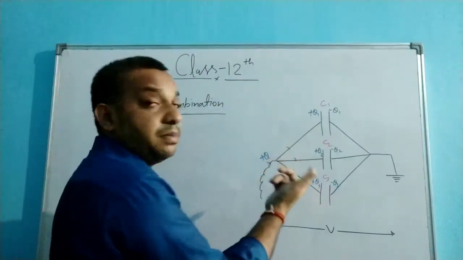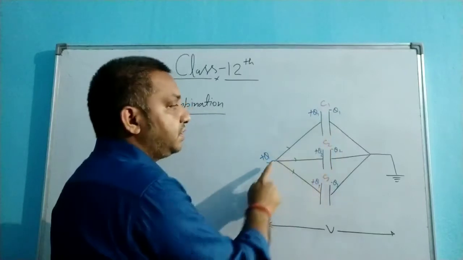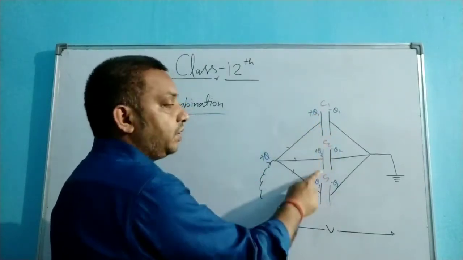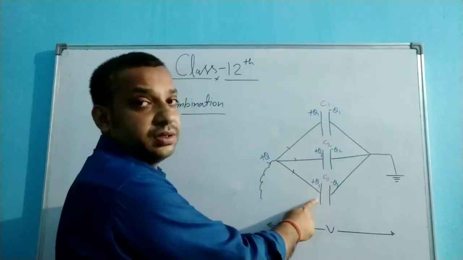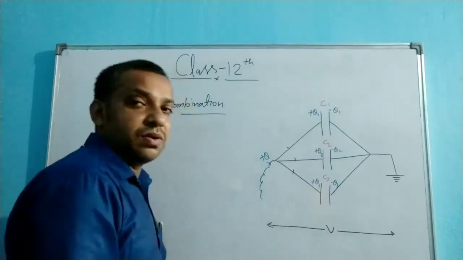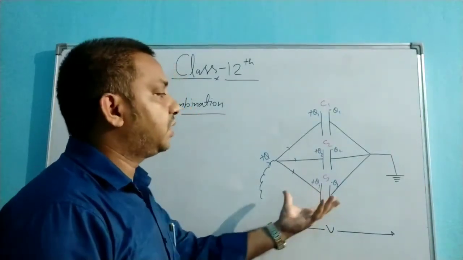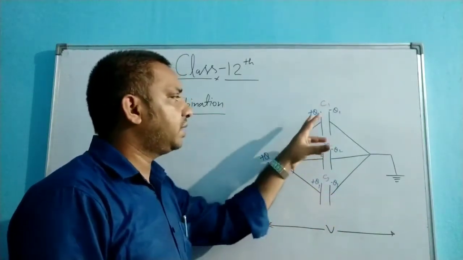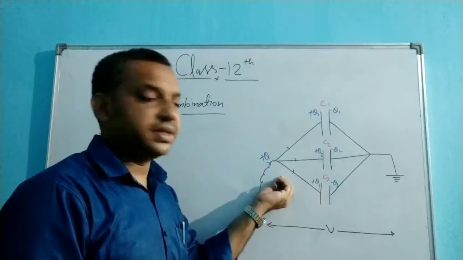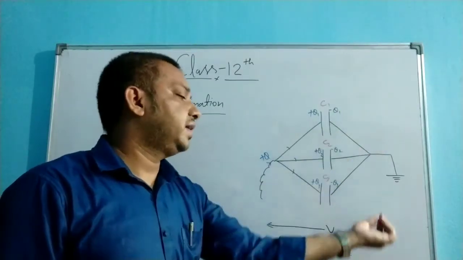So here I am assuming on C1 the charge is Q1, on C2 the charge is Q2, and on C3 the charge is Q3. And in parallel combination, you know that the potential across all the capacitors is the same, because the head of all the capacitors is at one potential and the tail is at one potential.